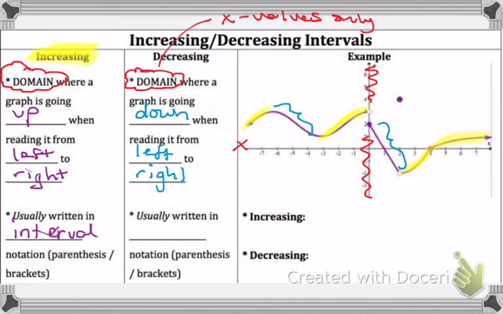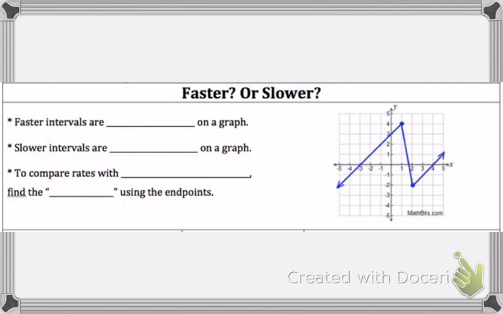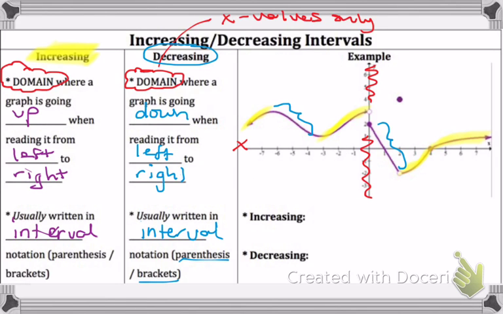And decreasing, sorry, color coding fanatic here, was this one. Also usually written in interval notation with the parentheses or brackets, depending on if it's open or closed circle. Oh, I meant to do an example, sorry. Increasing is the yellow.